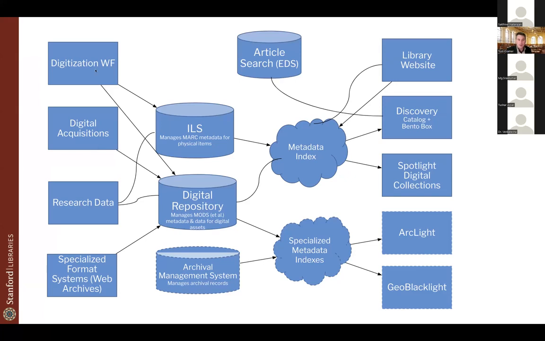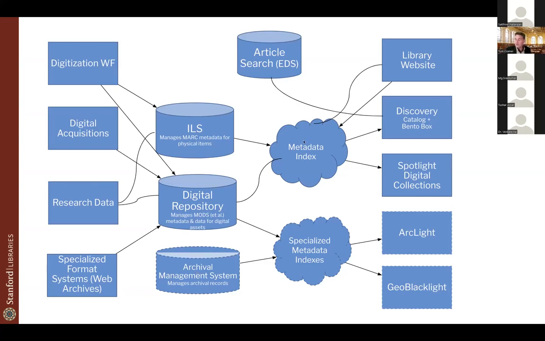So you have, with content generally flowing from left to right, various input streams such as digitization or digital acquisitions, new forms of research data, specialist format acquisitions like web archives or geospatial information. These are registered in the large systems. So this is the integrated library management system and your digital repository. You might also have some specialist management systems like an archival management system, which is like an ILS, but for archives.